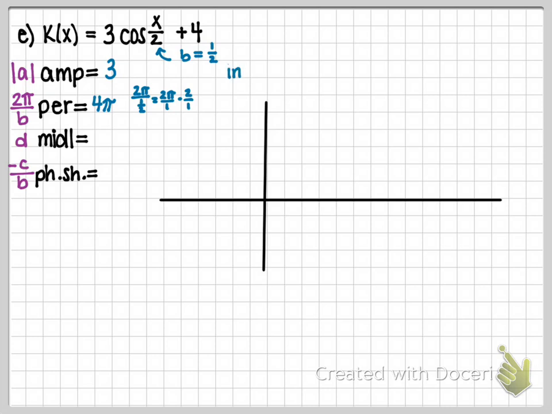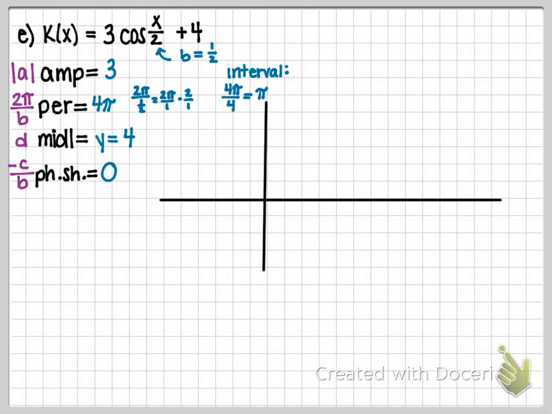To find that interval, remember we take our period, which in this case is 4 pi, and divide it by 4. So we'll end up with pi for our interval. The midline is the number added on to the end, and 4 is added on to the end. So our midline will be y equals 4. We don't have phase shift today, so that's 0.